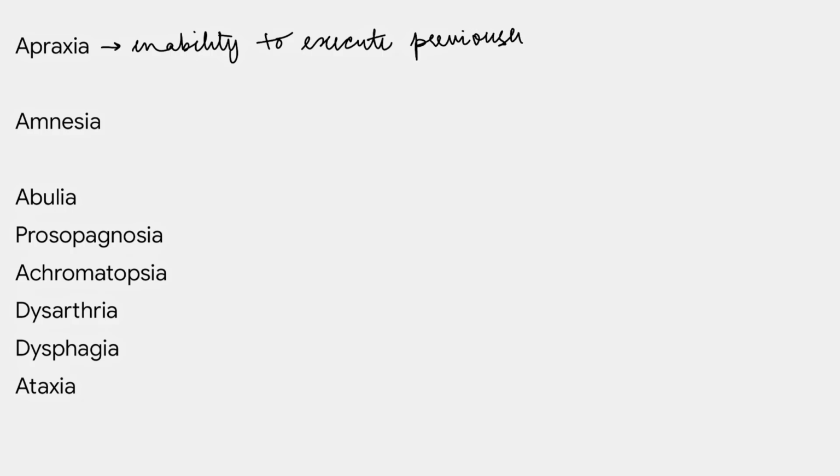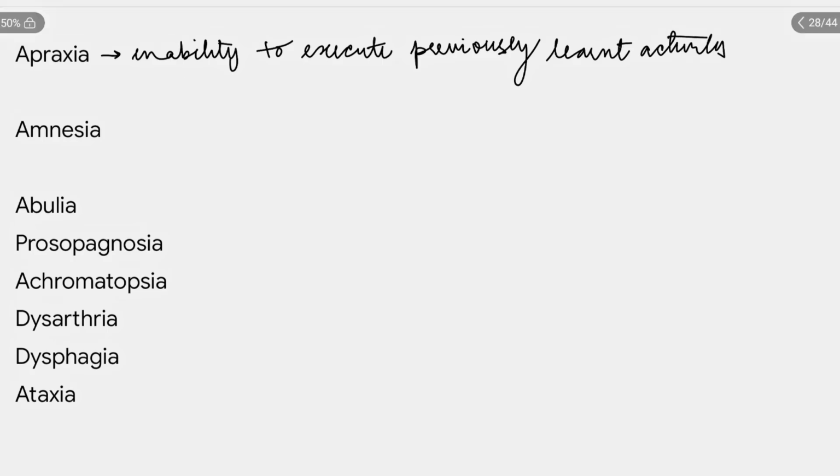Next, you have apraxia. Apraxia is the inability to execute a previously learned activity, in which you have many types, but not that high yield.